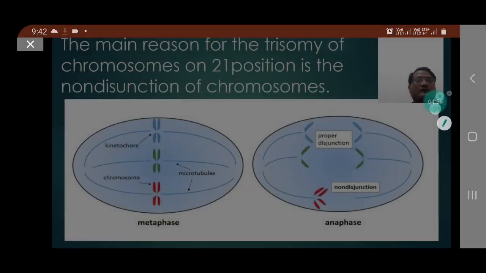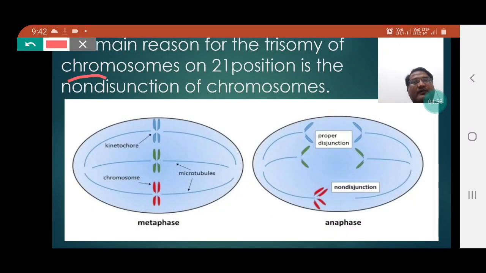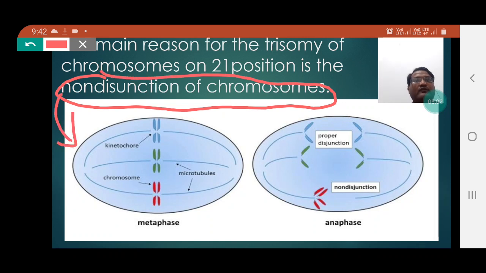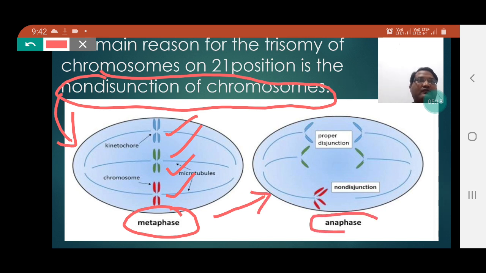So students, this concept of non-disjunction of chromosomes will become more clear if you concentrate on the picture. Here you can notice that the chromosomes are generally aligned at the center during the metaphase of the cell division. And if you notice this stage, which is the anaphase stage of the cell division, then you can notice that the chromosomes are separating from each other.